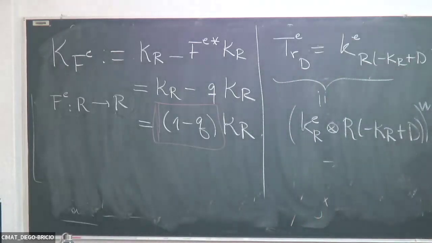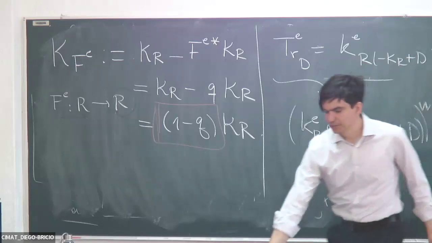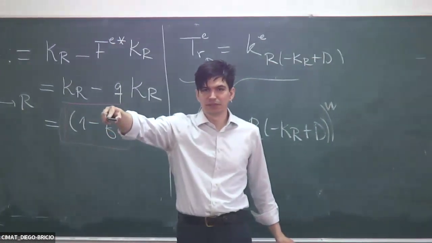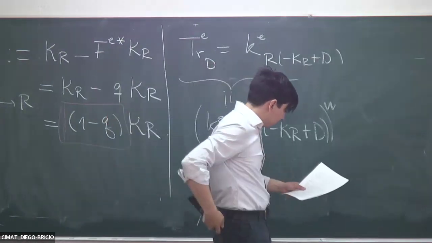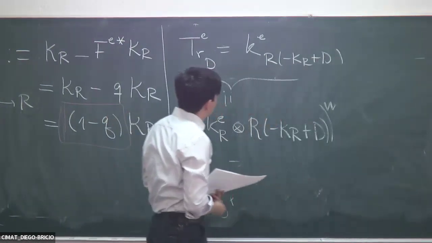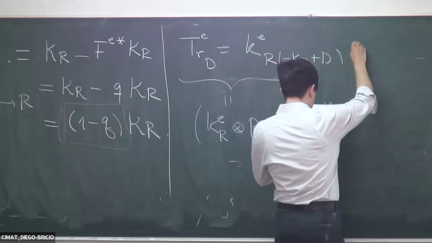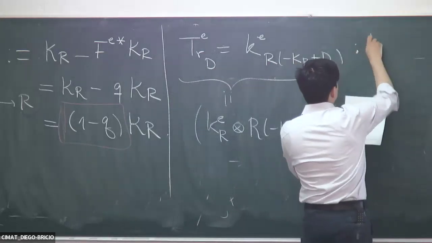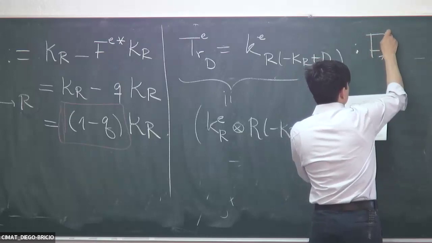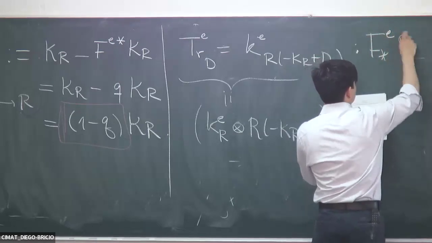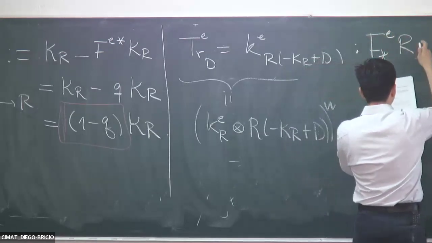I think it's important to go slow on this. So we have this, and what is this map? This is going to be a map that goes from where to where? Well, it goes from here. Remember, this is just little f.